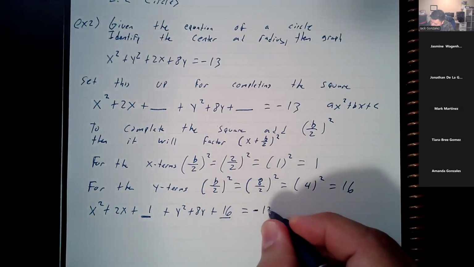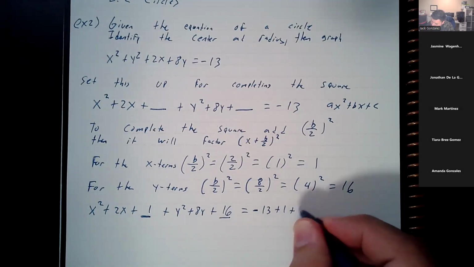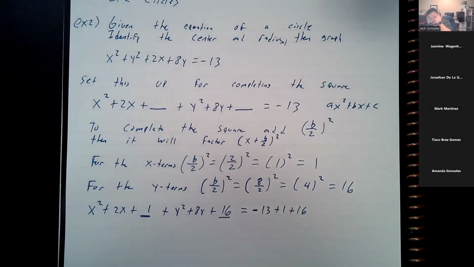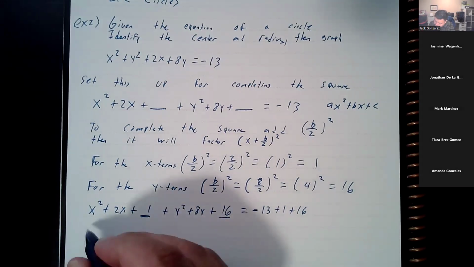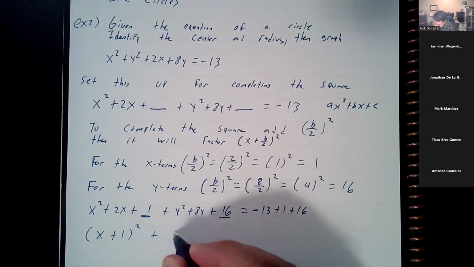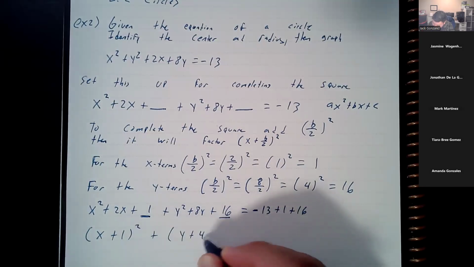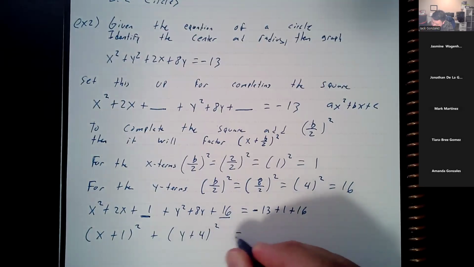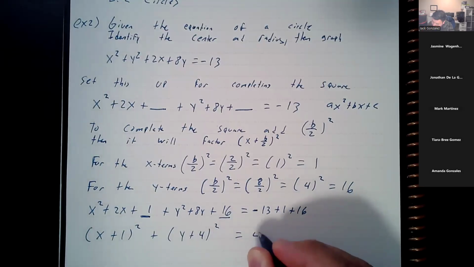So that'll be negative 13 plus 1 plus 16. What is that going to become? 4, right?